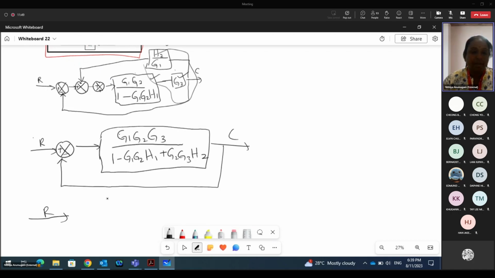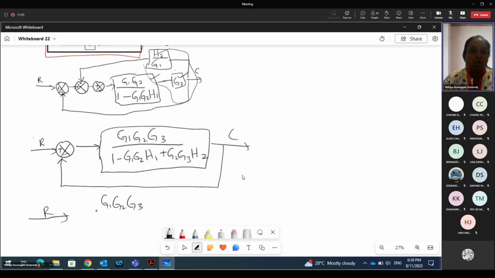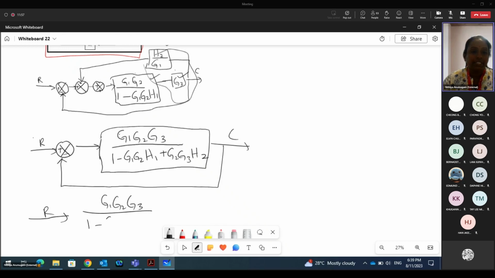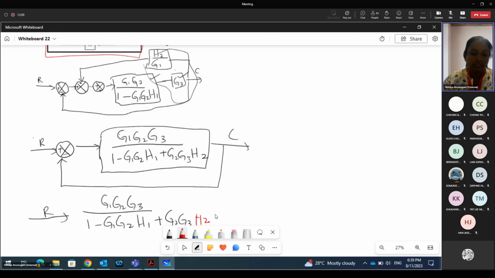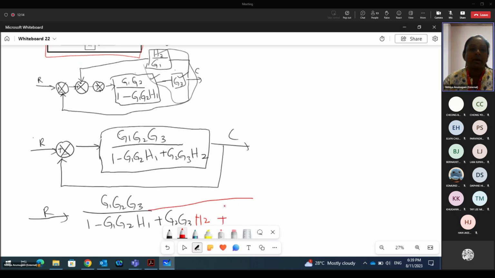That's going to leave G1, G2, G3 over 1 minus G1, G2, H1 plus G2, G3, H2.